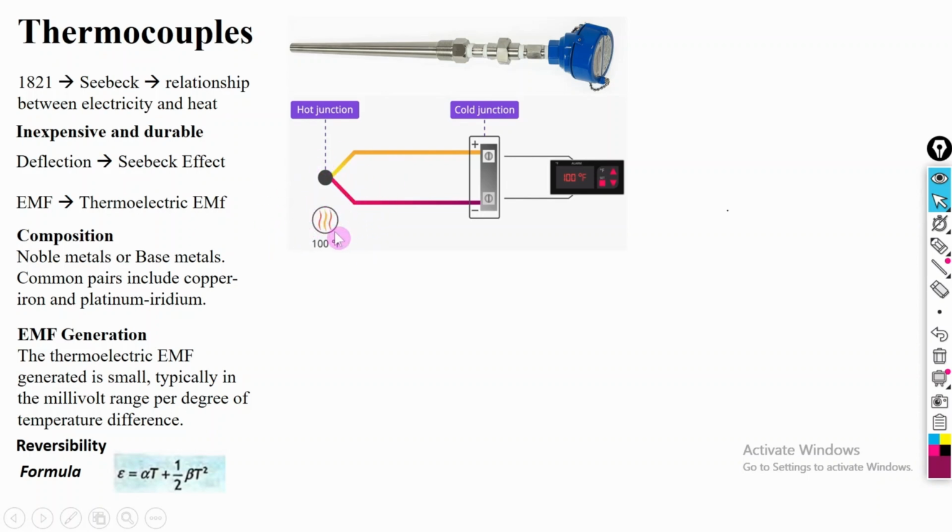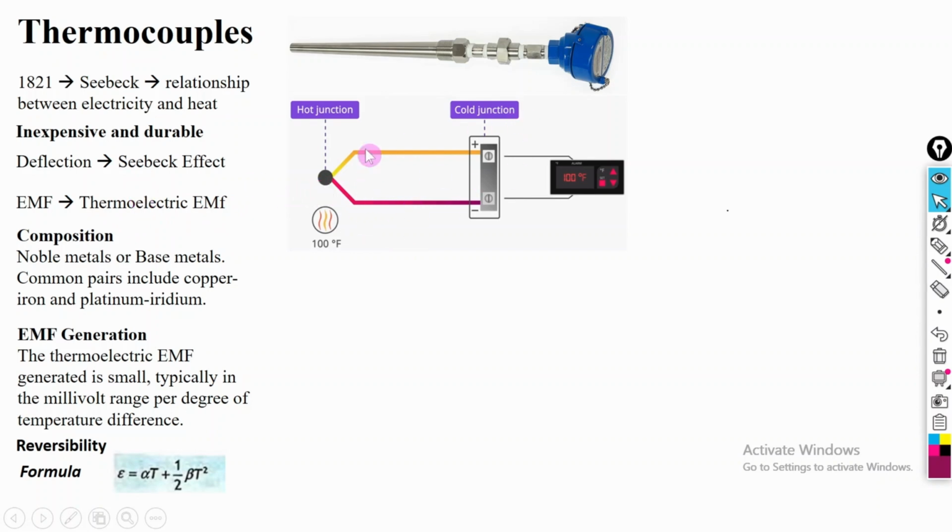This motion of electrons is due to the heat, and due to this heat a force is exerted on the electrons and they start moving. So due to this heat an electromotive force originates inside this copper, inside these metals. That electromotive force is called thermoelectric EMF, because its origin is thermal energy.